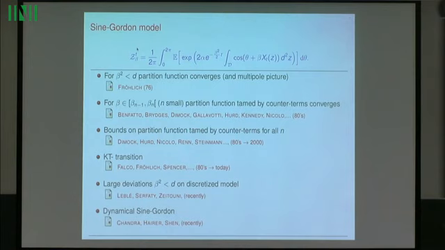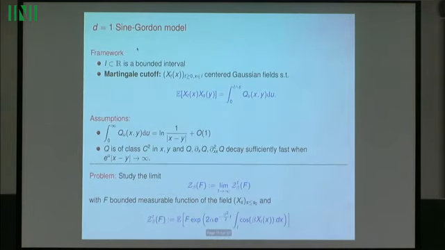So I just want to present another approach which doesn't rely on the RG map. I will focus on the 1D Sine-Gordon model. I take the dimension equal to 1, and a bounded interval on the real line. My cutoff process will be Gaussian, but it's a martingale cutoff.